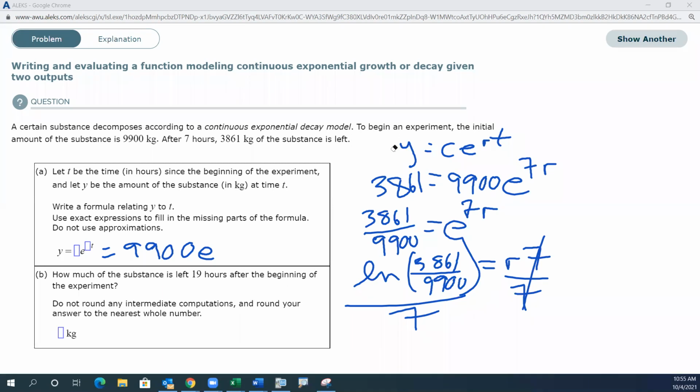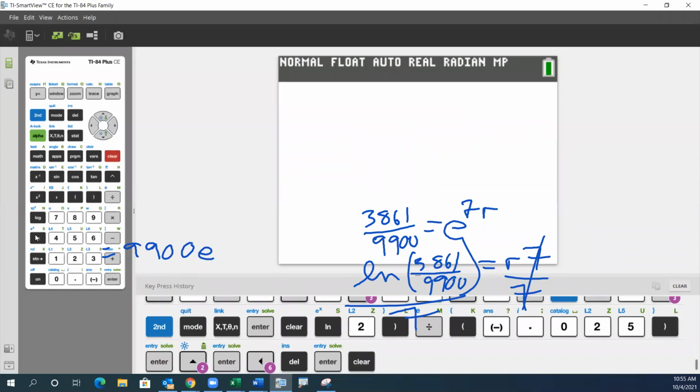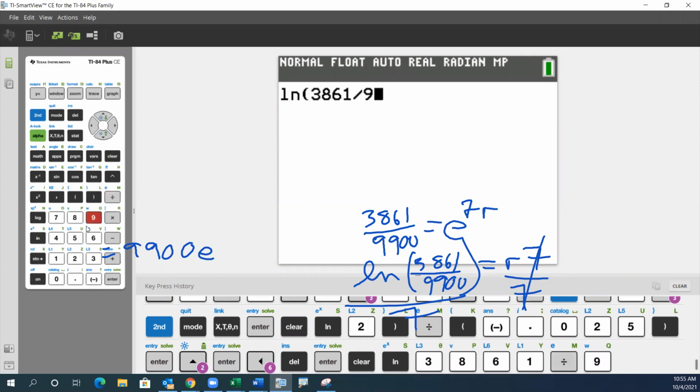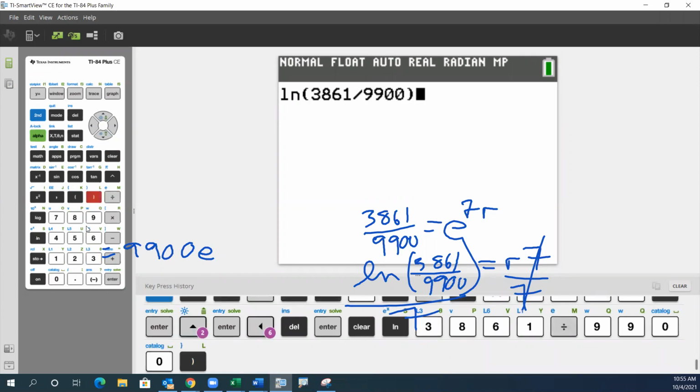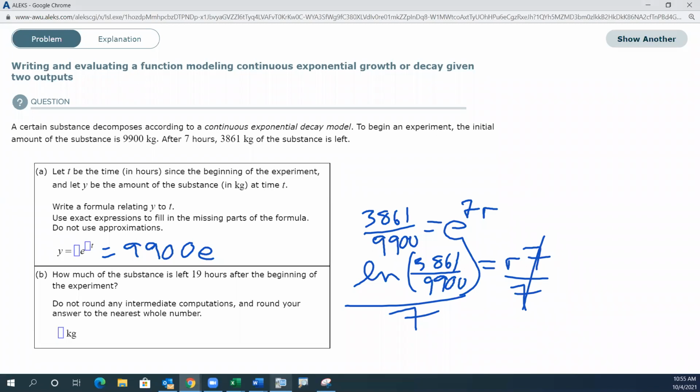And I need to do a little erasing now because I'm going to work on the calculator. All right, so we'll go ln of 3861 divided by 9,900, and then all of that over 7. Again, the answer should be reasonable. I get negative 0.13, and the substance started at 9,900, and it's going to go down to 3861.